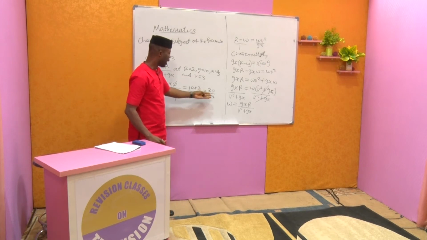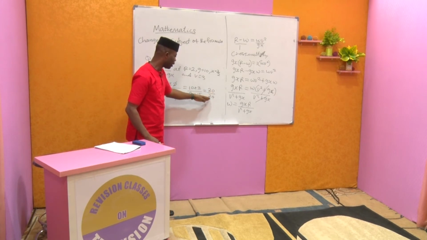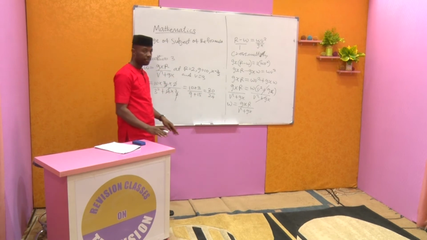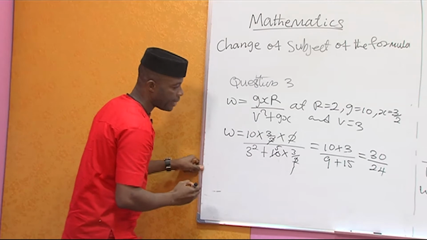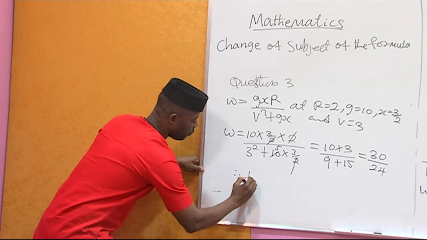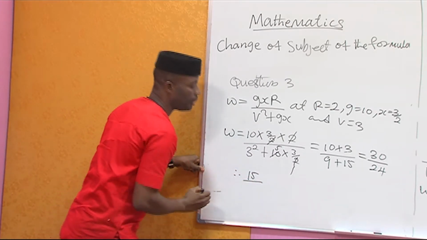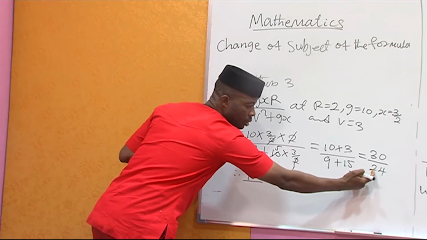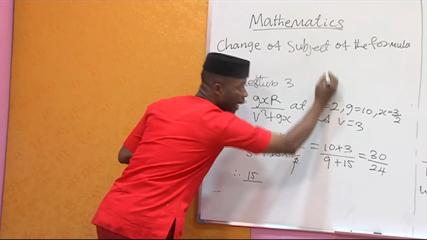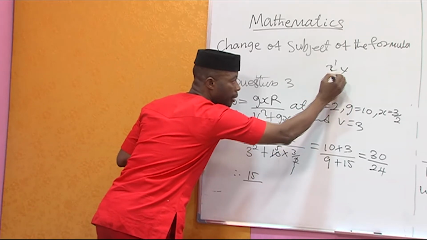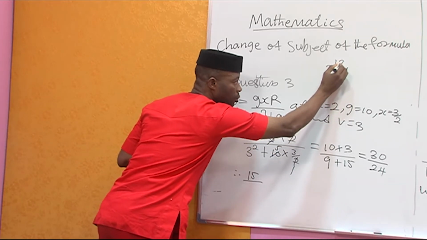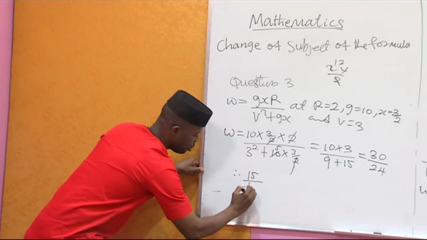So let's reduce 30 over 24 to lowest term. Let's use 2. 2 divided into 30 will give us 15, and 2 divided into 24 is 12.